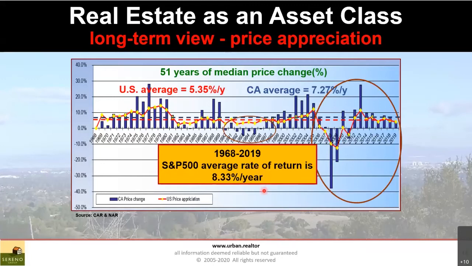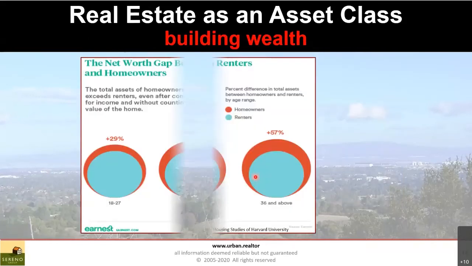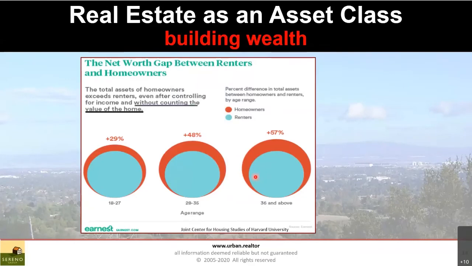Compare and contrast the two asset classes, the stock market and real estate. Obviously all that has an impact, and what we see here is that the net worth gap between renters and homeowners is significant. This particular chart is without counting the value of the home, which makes it even more significant, because homeownership not only has a financial return, but also a psychological impact on people, which makes them more savers, more investors, and so on.